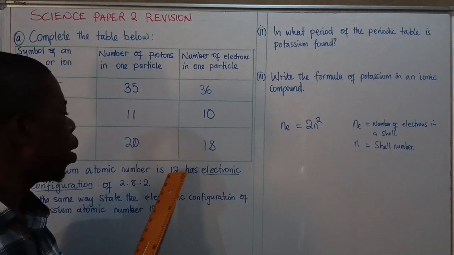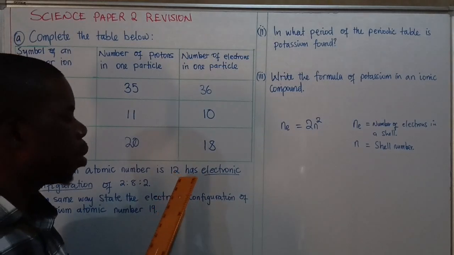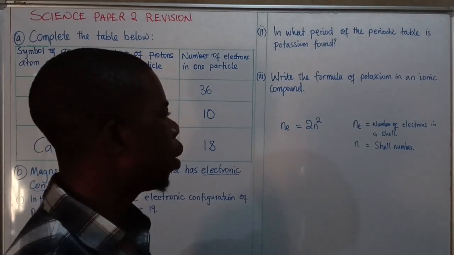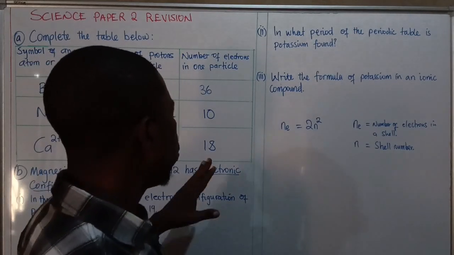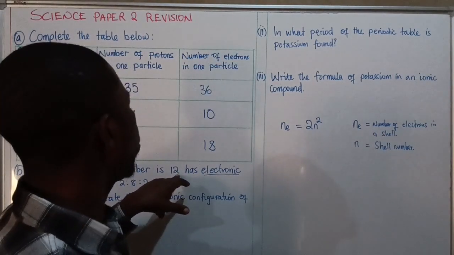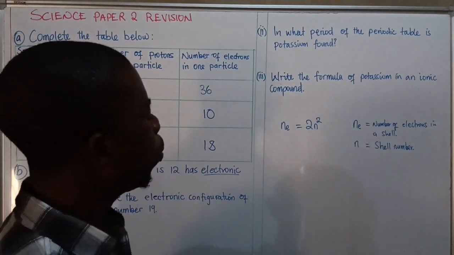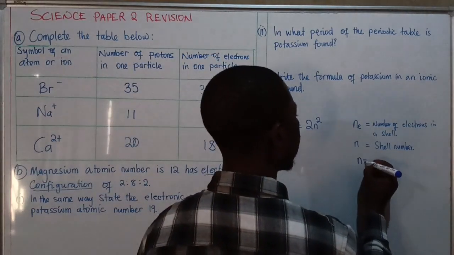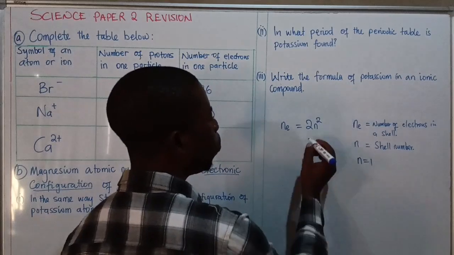Like if you have 12 electrons for magnesium, how can we distribute these electrons in shells? So we'll ask ourselves how many electrons shell number 1 should get of the 12 electrons. Shell number 1 means n is equal to 1. So you just replace here.